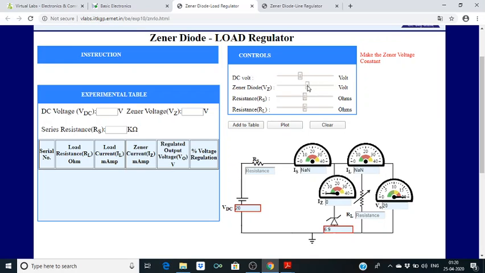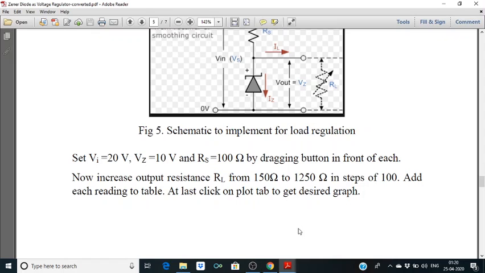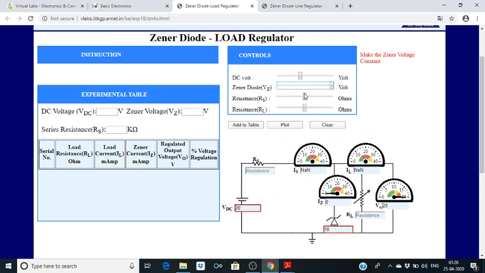VZ we will set to 10 volt. Now always keep in mind that this VDC should always be greater than this VZ to maintain it in the breakdown region. RS we will set to 100 ohm. So now we will change RL.